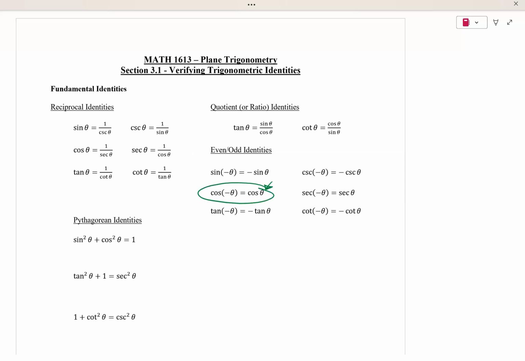So if we plug in the positive angle and the negative angle, we get the same value out. And we talked about sine and tangent being odd, so that when we plug in the negative angle, we get the opposite of the positive angle.